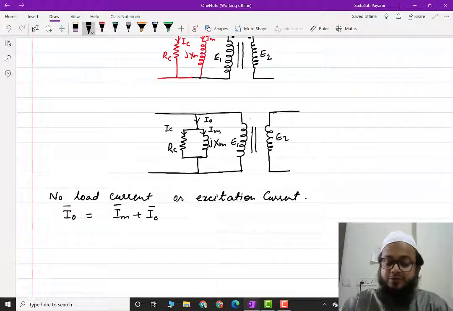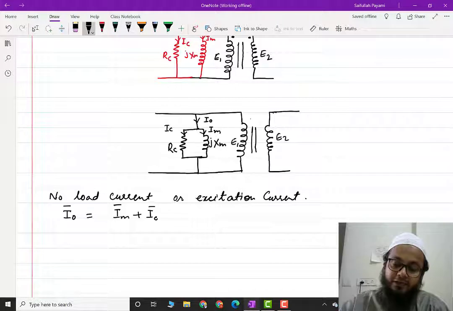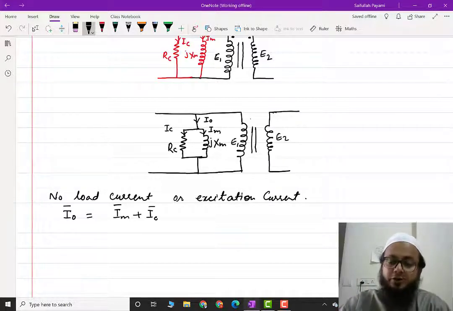The reason is that the flux in the core depends upon the induced EMF, right? Now the core losses, which are eddy current and hysteresis losses, depend upon the flux or the flux density. We represent the eddy current and hysteresis losses by RC. That will depend upon the flux, and flux depends upon the induced EMF. That's why across RC you will have the voltage E1, the induced EMF.